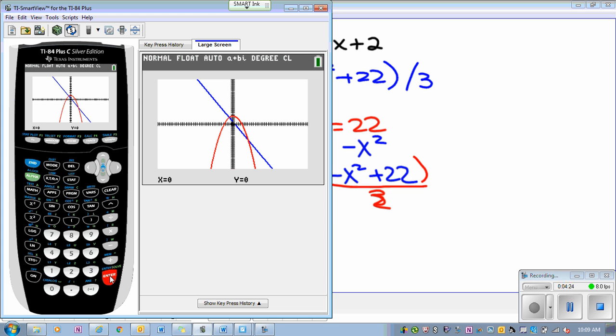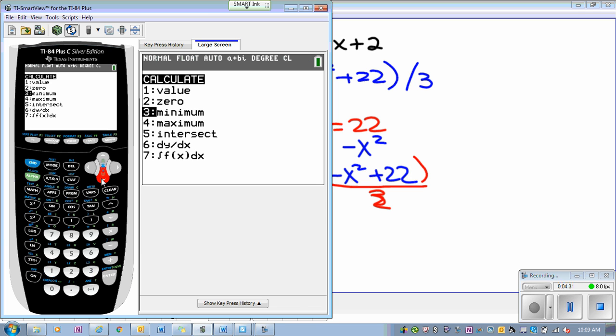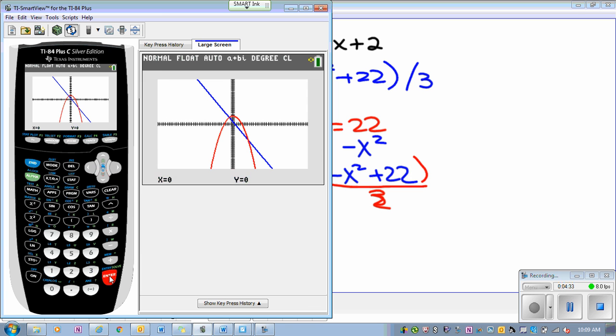Okay? So now, here's how we get the intersection. Second trace, intersect. Move your blinking bob close to, but not right on, the intersection. One of them, okay? So this one, really close to that. Up at the top. Hit enter, enter, enter. What do we get? Negative 2, 6.